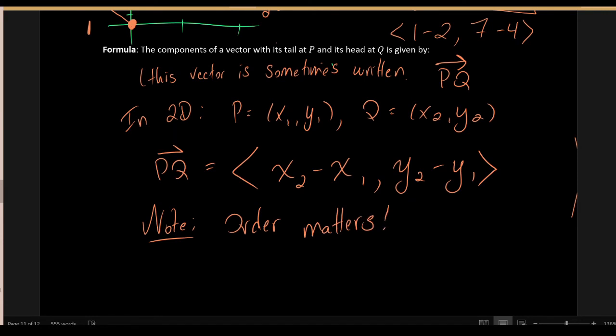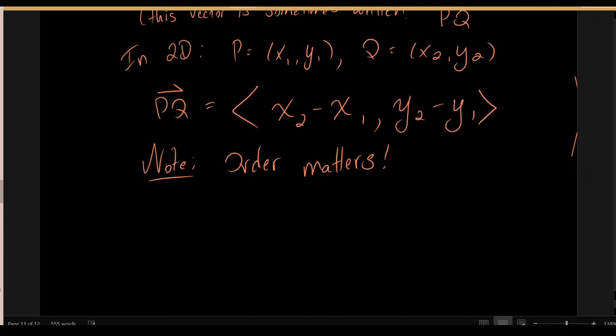If you mix up P and Q, if you mix up the head and the tail, if you mix up the initial and terminal point, then you run the risk of one of your components being the opposite of what it actually should be. So order really does matter. The terminal point has to come first, and then you subtract the initial point.